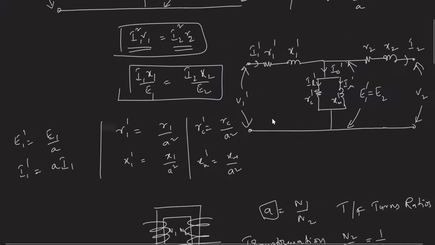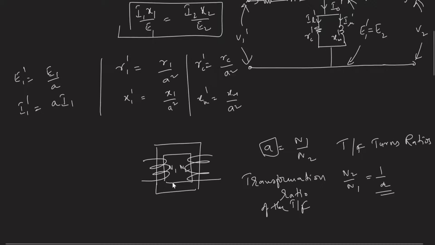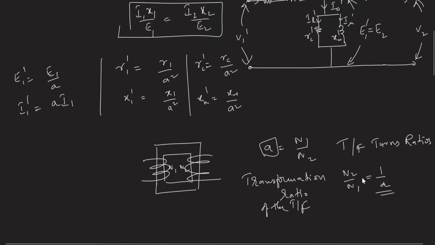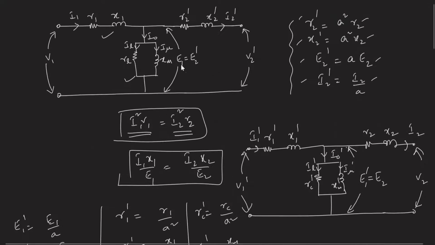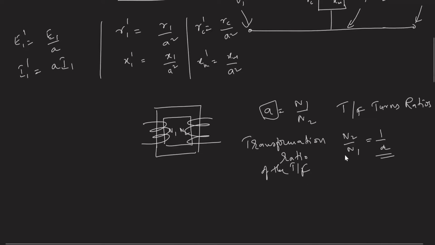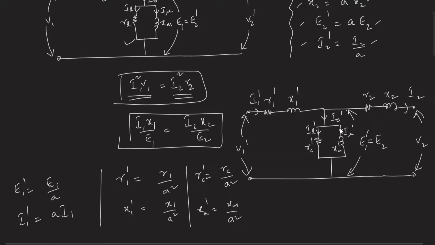So if someone gives you the transformation ratio, then you can convert it into turns ratio and use the same formulas. Or otherwise you can define 1 by A equal to K, then you can rewrite these transformation equations in terms of K as well.